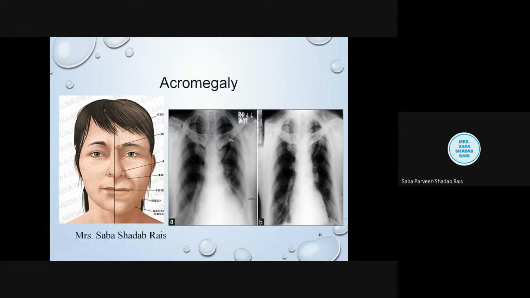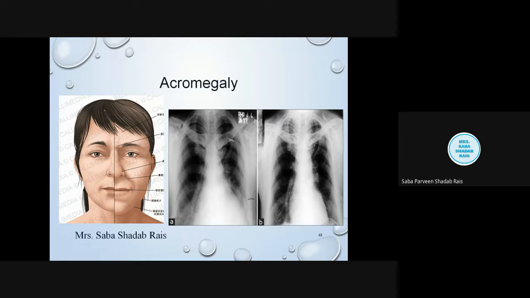I hope you are clear on the differences between gigantism and acromegaly. More or less the situation will be the same, but there will be a little bit of change. In acromegaly, there will be growth and swelling, because growth in terms of tallness cannot be observed. So here swelling will happen.